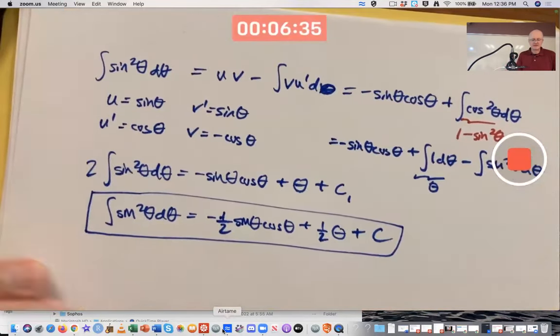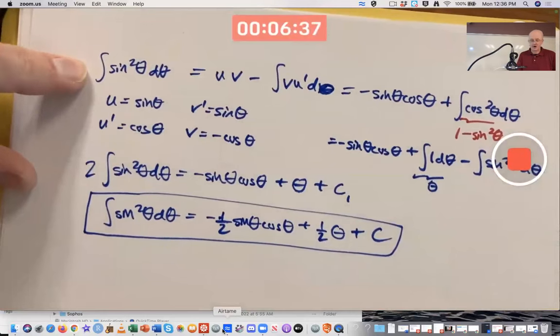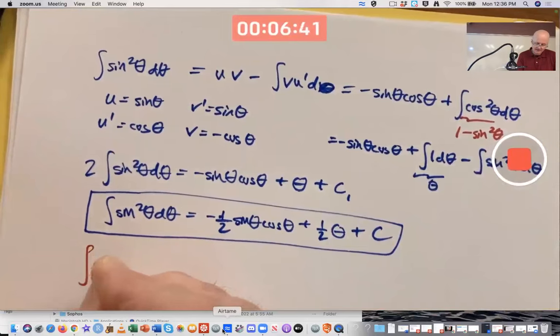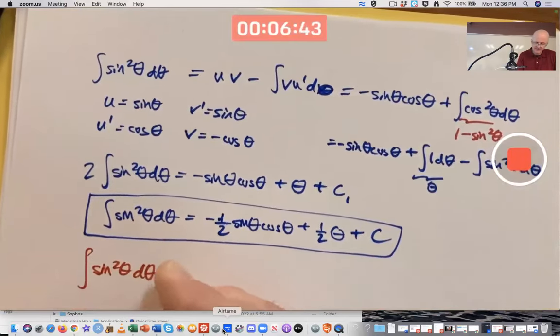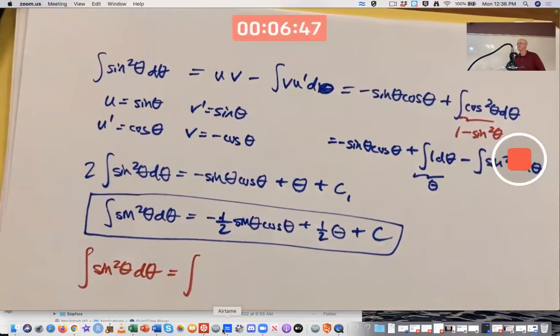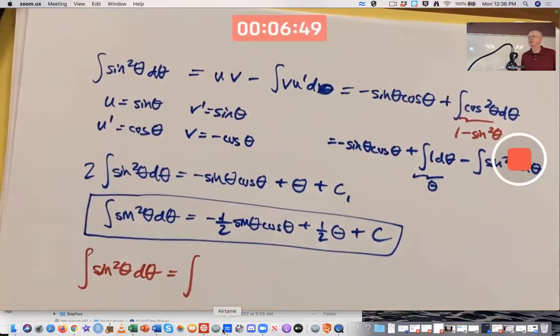The other way to do this integral is a little quicker, but you've got to remember something, and that's a trigonometric identity. It's worth remembering this trigonometric identity.